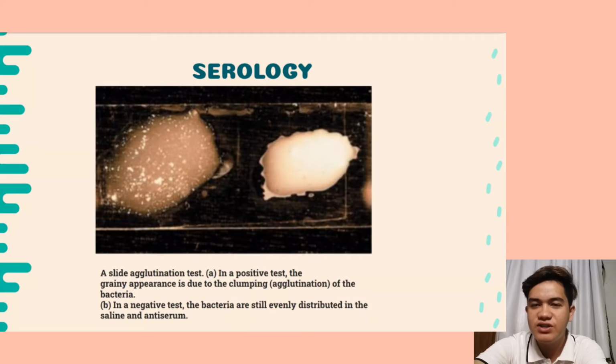The following figure shows a slide agglutination test. A, the first, is a positive test. The grainy appearance is due to the clumping, or agglutination, of the bacteria. Letter B, the second, is a negative test, where the bacteria are still evenly distributed in the saline or antiserum.